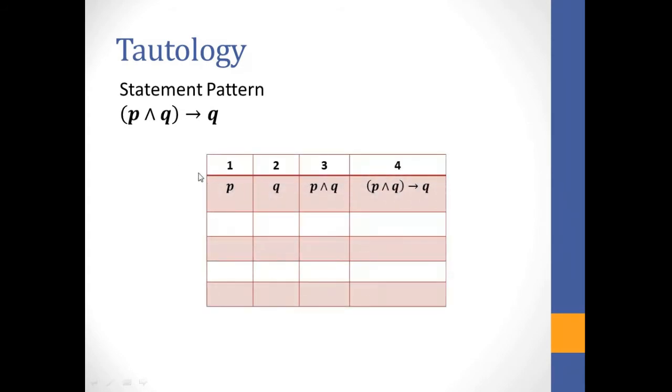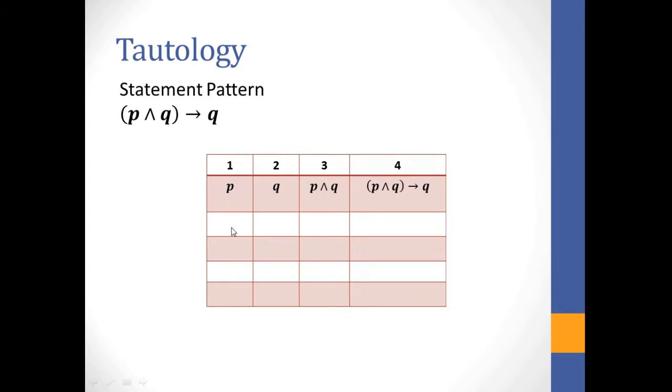First one, tautology. Let us take one example of a statement pattern. See here, the statement pattern given is (P and Q) implies Q. Now the truth table: only two statements and two connectives are given. The first column is P, the second is Q, the third is P and Q, and the fourth is for the whole statement pattern.